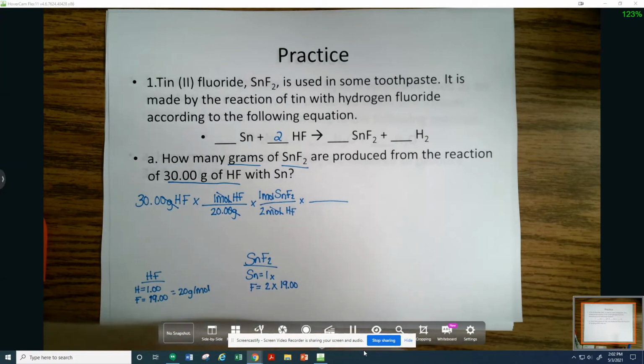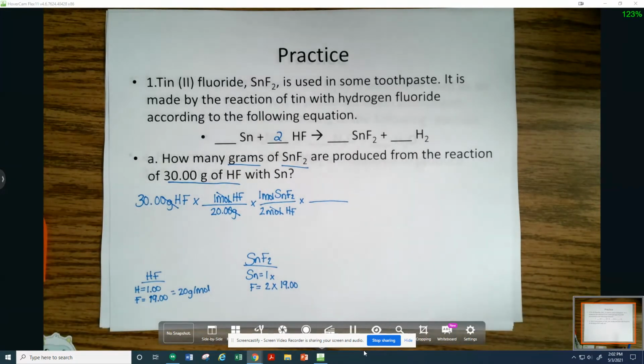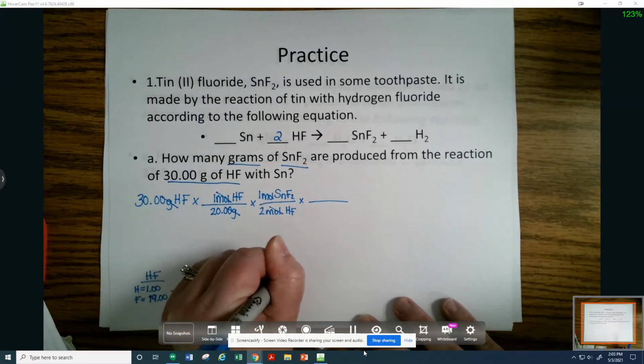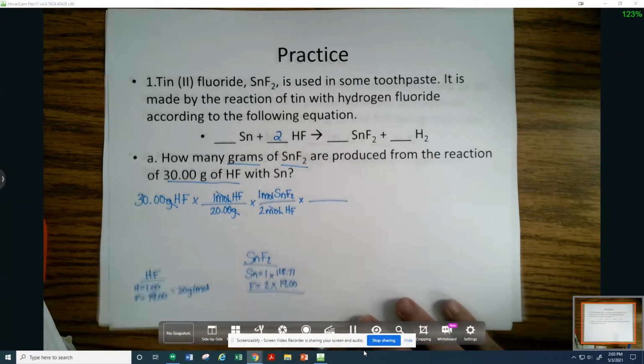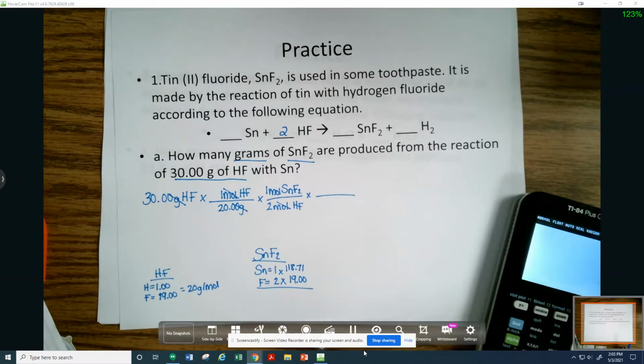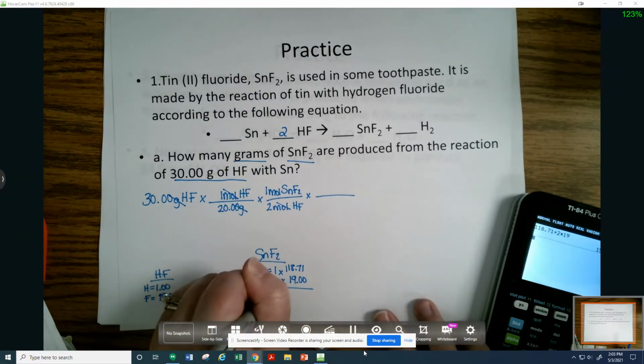My periodic table's too far away. Let me grab mine. There we go. Sorry about that. So tin is 118.71. I just wanted to make sure, the one on my wall is kind of far away. So when we tally there, take 118.71 plus 2 times 19, and we get 156.71.